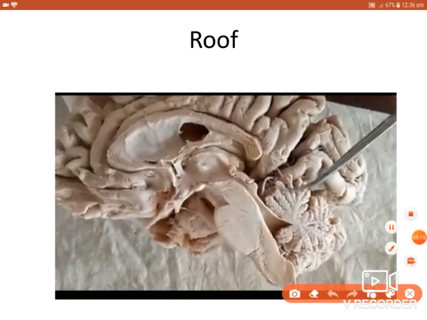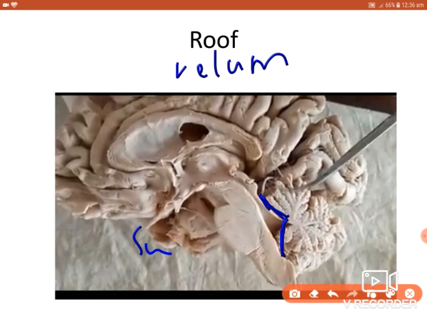Here, posteriorly, this is the superior medullary velum. Here there is the inferior medullary velum. This forms the roof of the fourth ventricle. See, this is the sagittal view. Here, this pons and the medulla, this area forms the floor of the fourth ventricle.